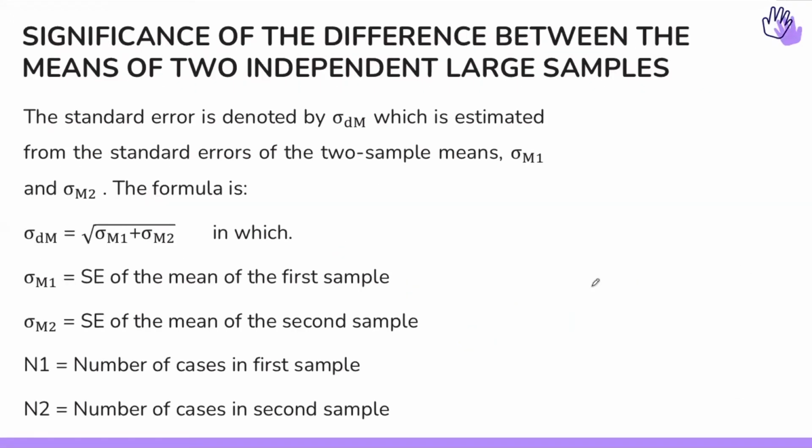Now let us study the significance of the difference between means of two independent large samples. Means are said to be independent or uncorrelated when computed from samples drawn at random from totally different and unrelated groups.